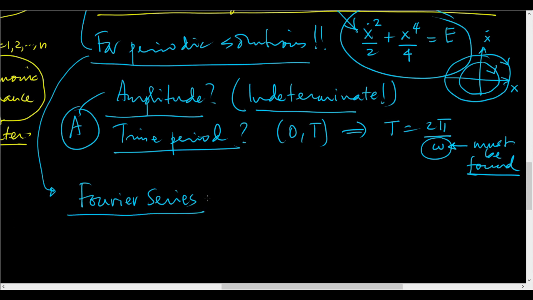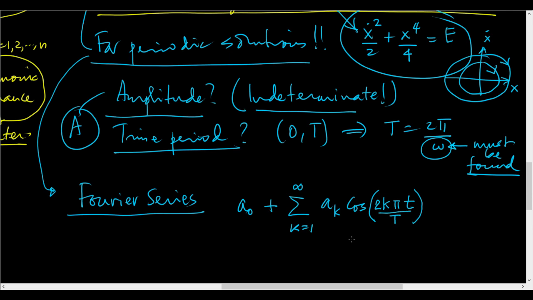So I'll have something like A0, that's a constant term, plus the sum from k equals 1 to infinity of ak cosine, and I have to be a bit careful here, k t, 2 pi over capital T.